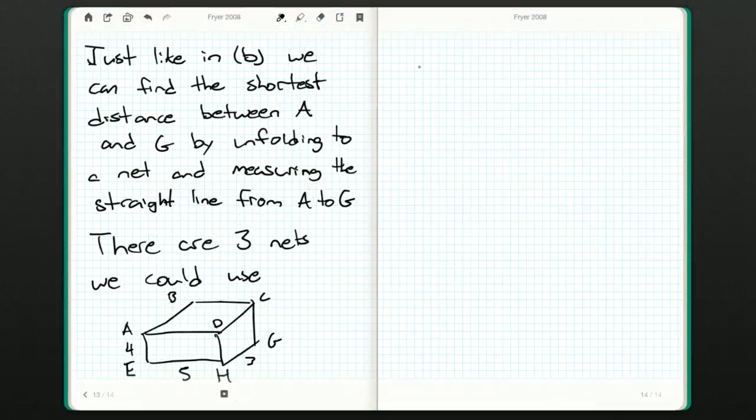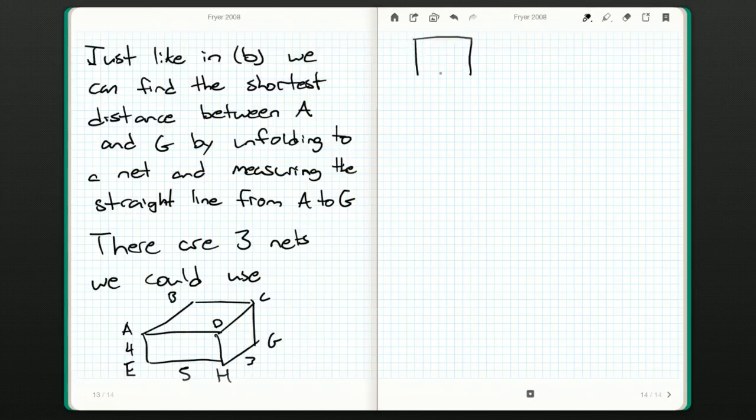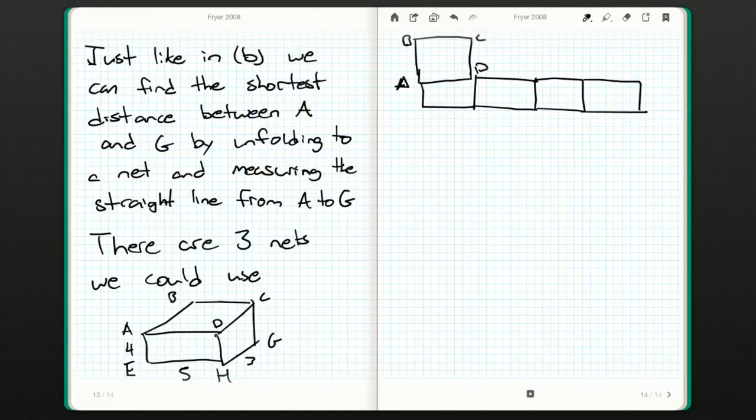Okay. So what could we do? We could unfold it with A here, B is here, C is here, D is here, C, H, G, E. Then I guess we could stick another one of these under here.